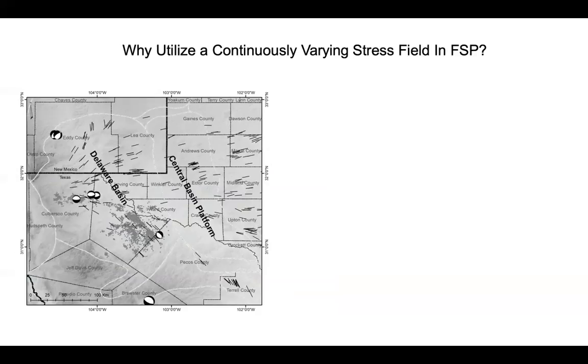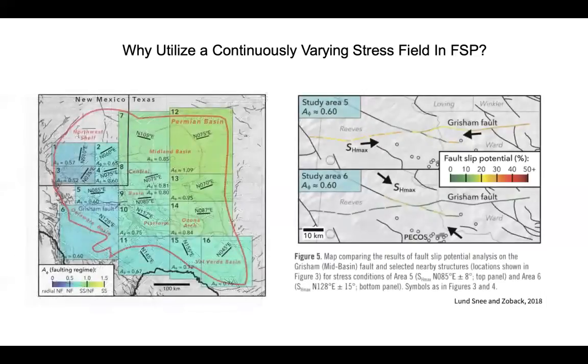Since the previous versions of the code could calculate the potential only for constant stress orientation values, Lund Snee and Zoback in this work needed to define specific domains in which the orientation of the SHmax is more or less similar.